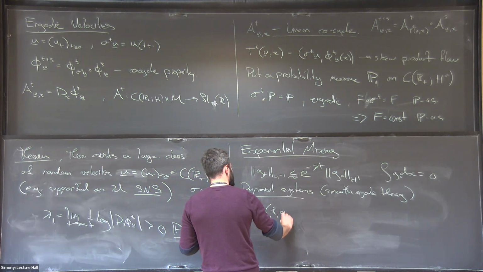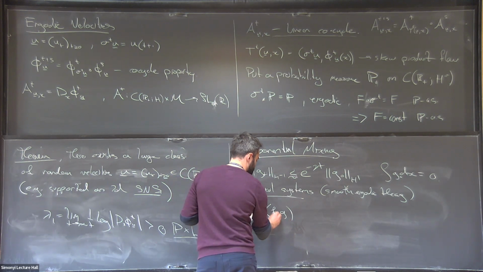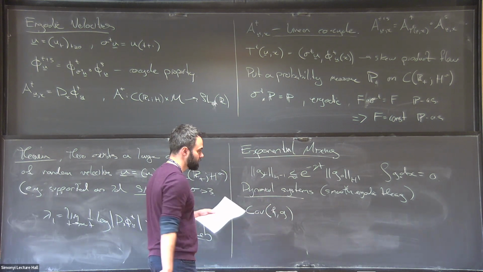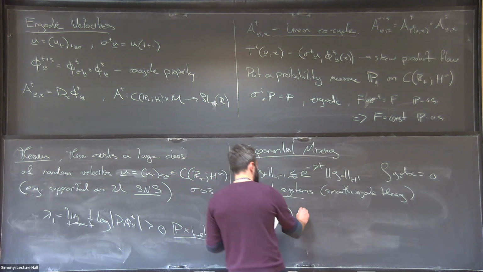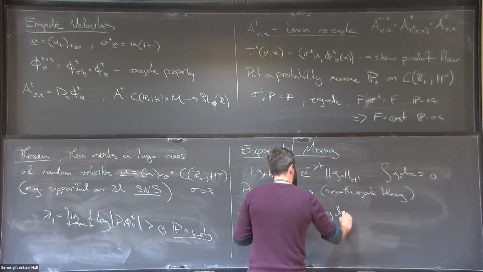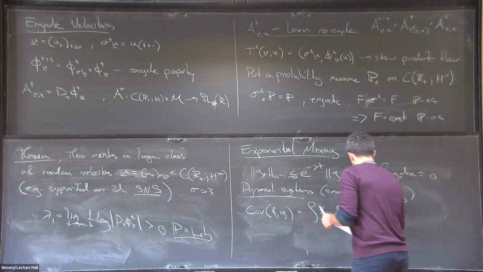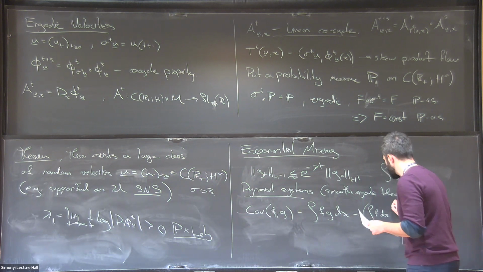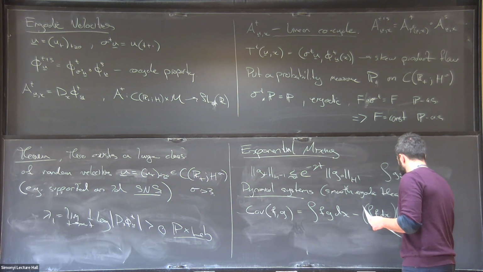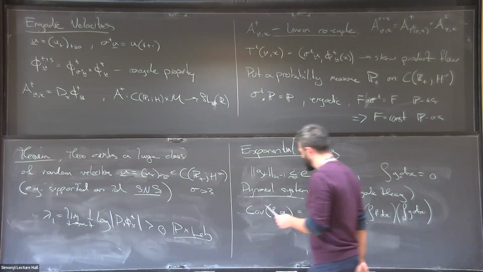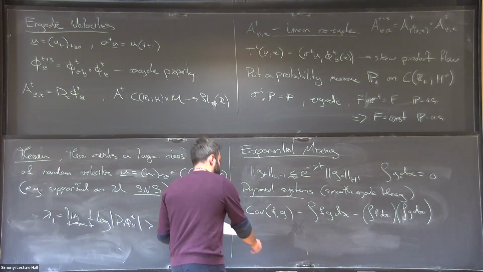If I give you two functions f and g, which are, let's say, L2 or something like that, we define their covariance as the integral of fg minus the product of their means, treating these things as random variables on the manifold with respect to Lebesgue measure. Then we say we have exponential mixing.